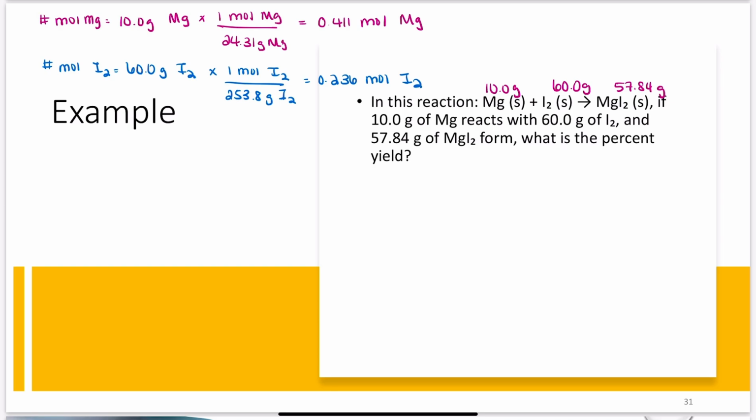Now I'm going to ask myself, if I react all of one, how much of the other one do I need? So I'm going to say, how many moles of magnesium do I need to react all of my I2? I've got 0.236 moles of I2.